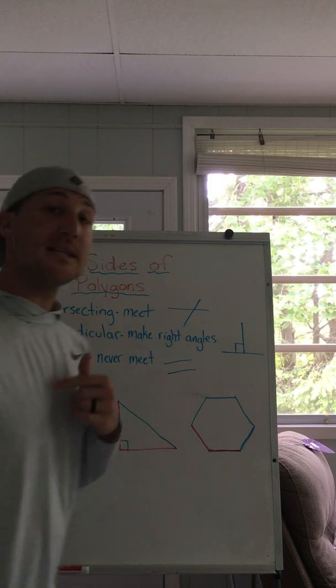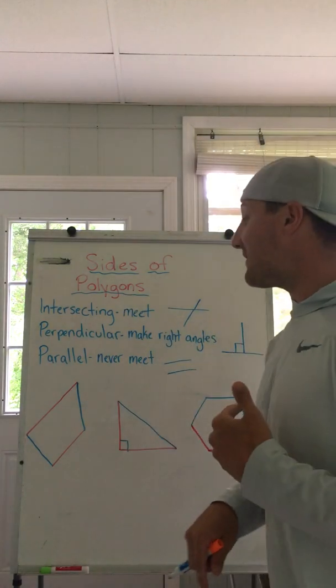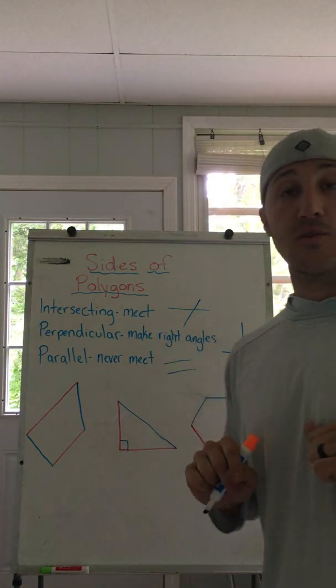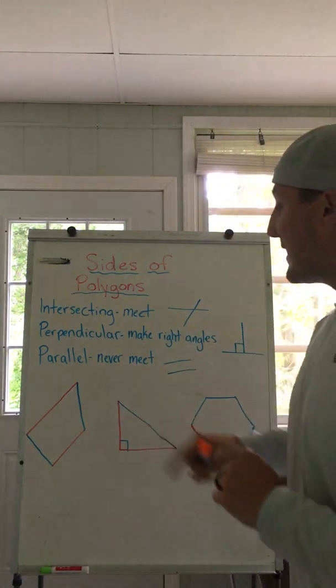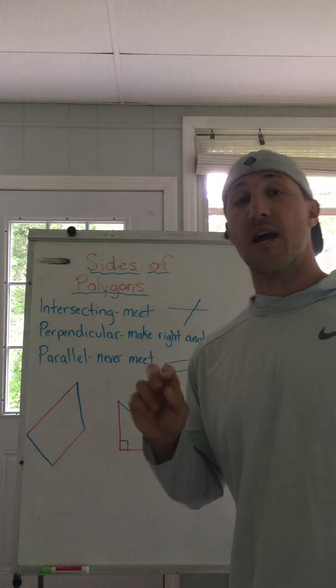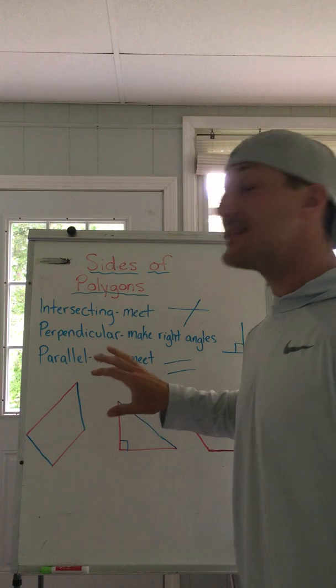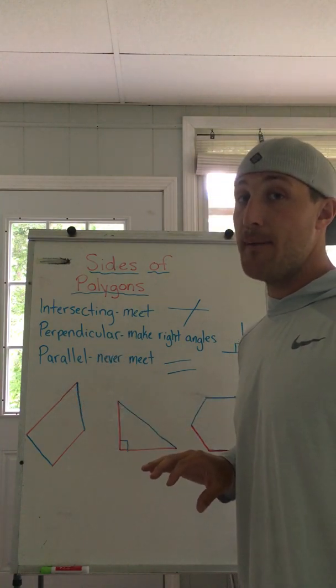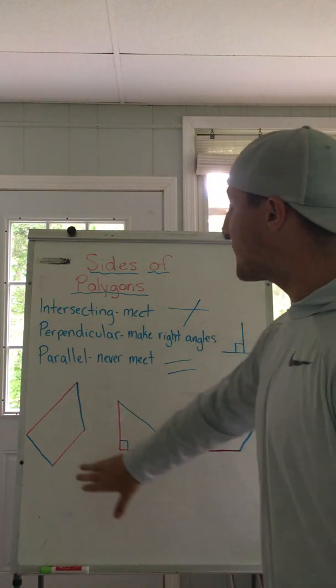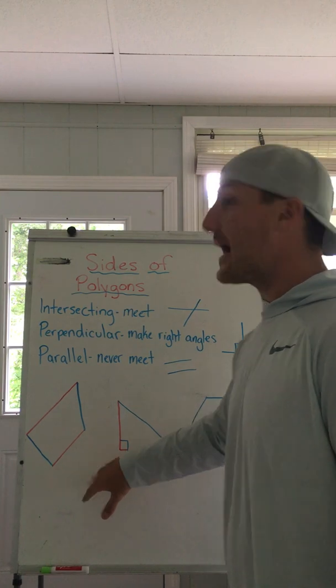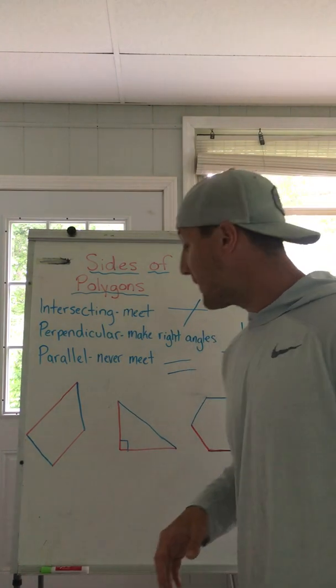Okay, let's see if we can take what we just learned and identify those lines on these shapes. So when you're looking at these shapes, they each have two sides that are in red. So we're focusing on the red sides of these polygons. Okay, that's what I'm asking questions about. So this first polygon here has four sides, so I know it's a quadrilateral.